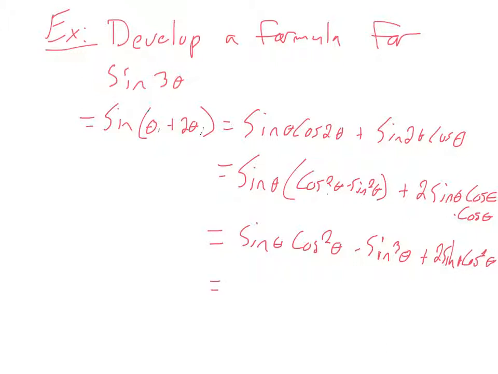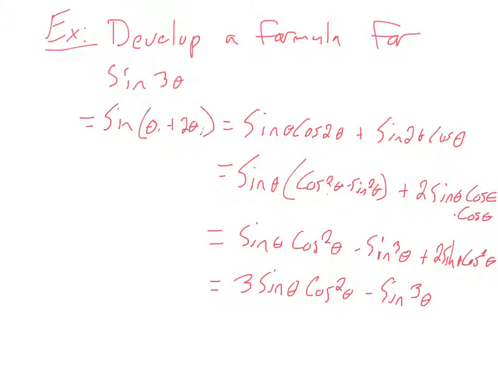And so that one we can combine, so we'll end up getting 3 sine theta cosine squared theta minus sine cubed theta. Right, so we have it all in terms of theta at least, and we have some higher powers there of sine and cosine, right?